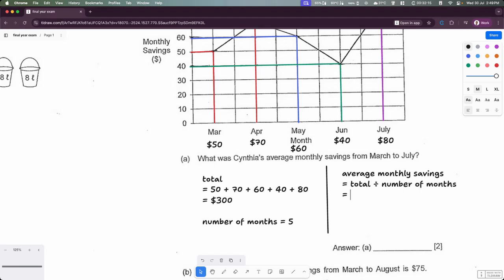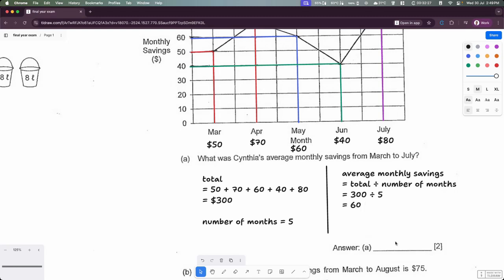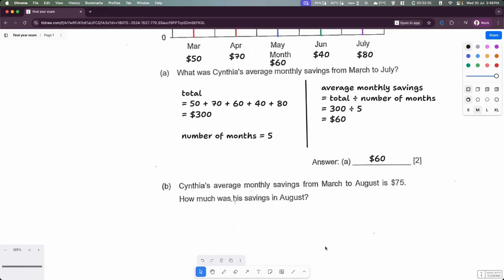This will equal 300 divided by 5, and this will give us 60, right? Double confirm with our calculator. 300 divided by 5, and this will give us 60. So therefore the average is $60 in this case. Ta-dang. Okay, let's move on to the next one.